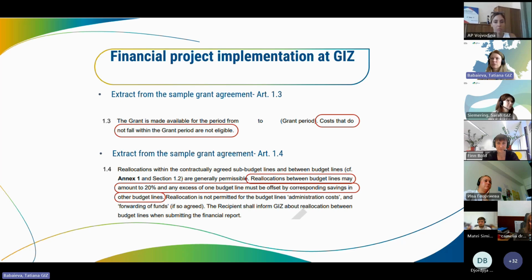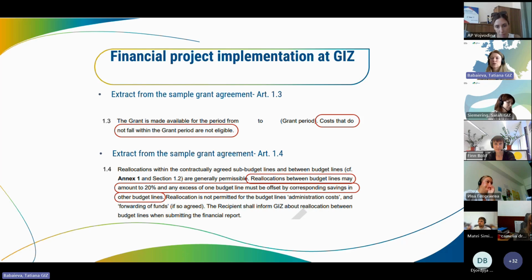As mentioned before, only actual costs incurred during the project period and related activities carried out during this period may be financed. This means that any cost for the preparation of project outlines and full project proposals is not eligible for financing. A quite useful rule for you is the so-called 20% rule.